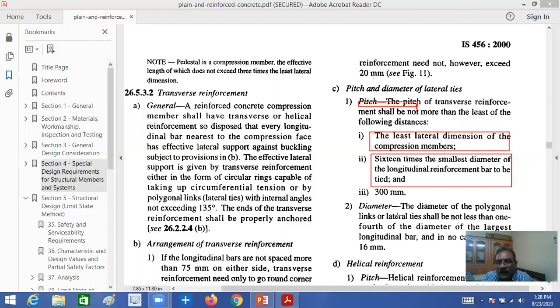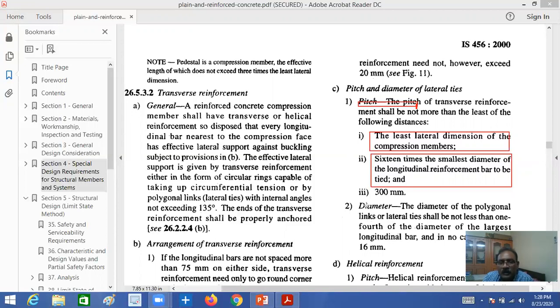And what is the diameter of the tie? 1/4 of the diameter. Suppose you have 25 mm bars, that is 6.25, so you have to go for 8 mm. Suppose 16 mm, you take 16/4, that is 4 mm, but you have to provide 6 mm diameter.